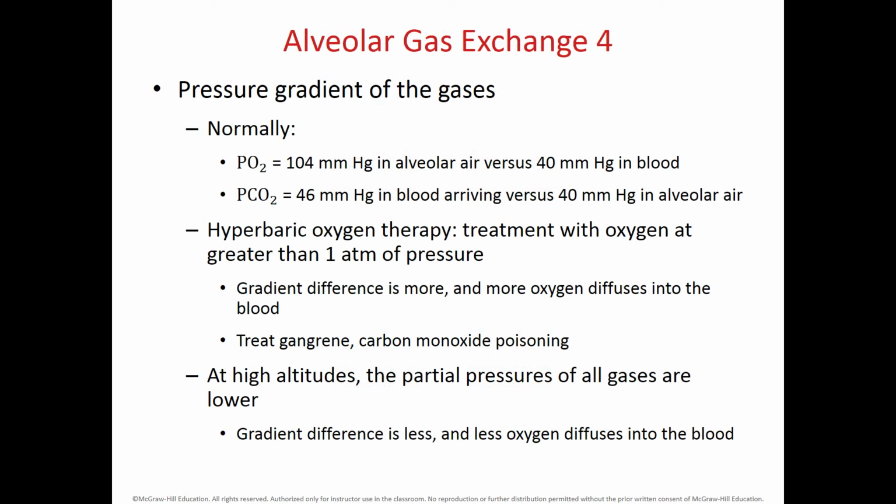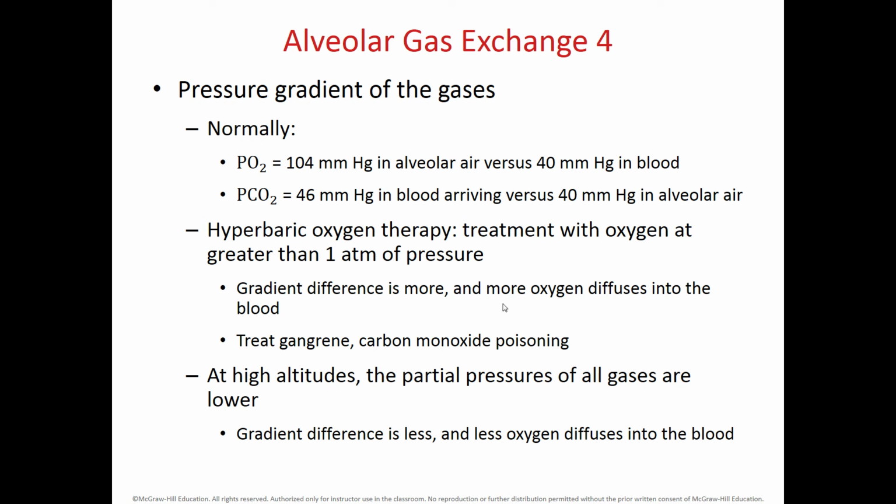So what is the difference in pressure in the alveoli? You have a partial pressure of oxygen of 104 in the alveolar air versus 40 millimeters in the blood. And then the partial pressure of CO2 will be 46 in the blood arriving in the alveoli versus 40 millimeters in the alveolar air.